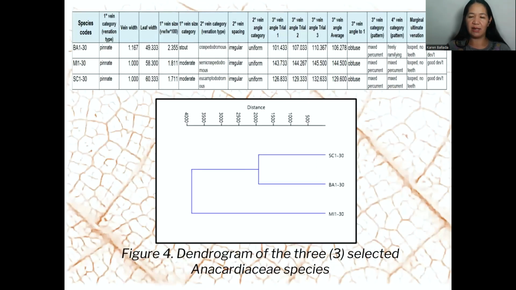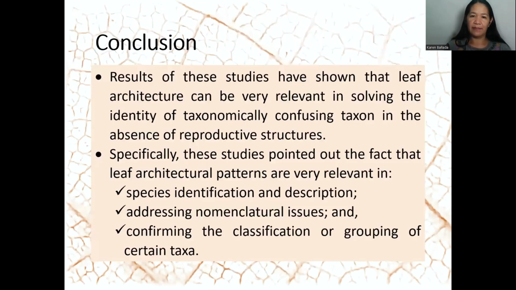As you can see there, in terms of relationship based on leaf characters, the Semecarpus cuneiformis and Buchanania arborescens are closely related, or they have more similar character states as compared to Mangifera indica.